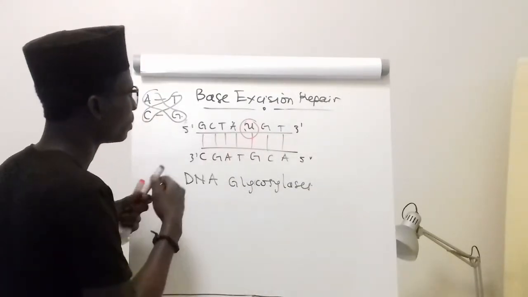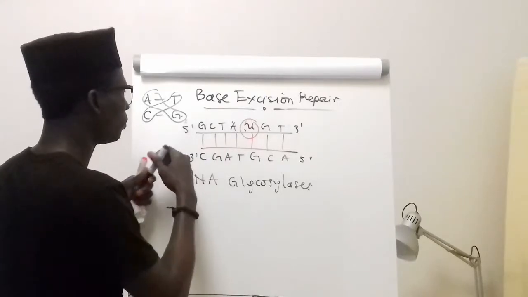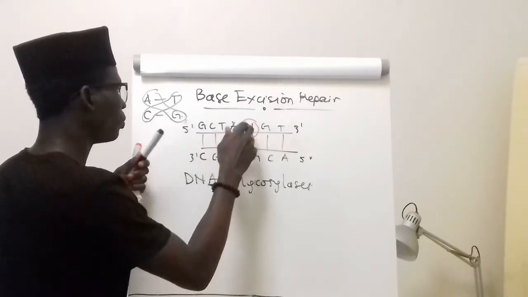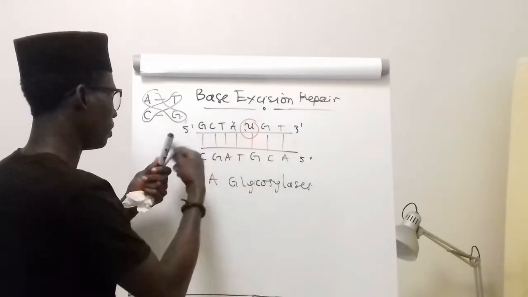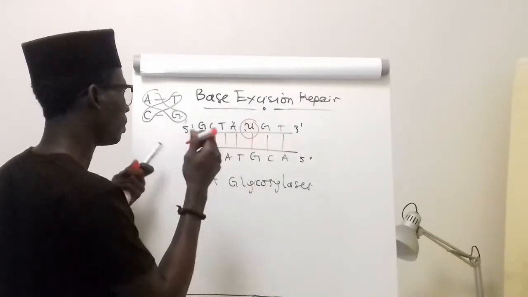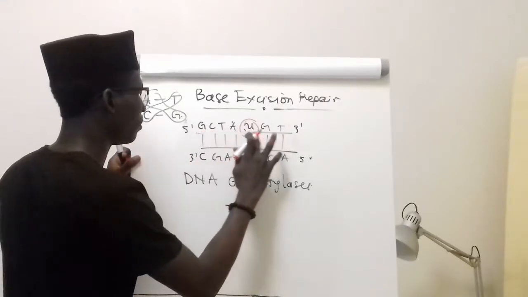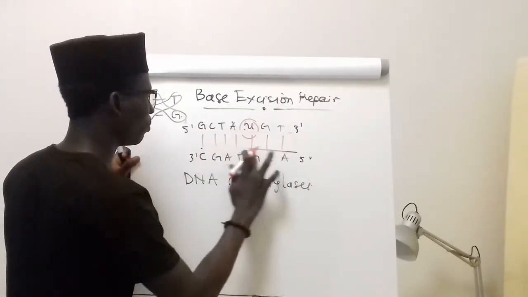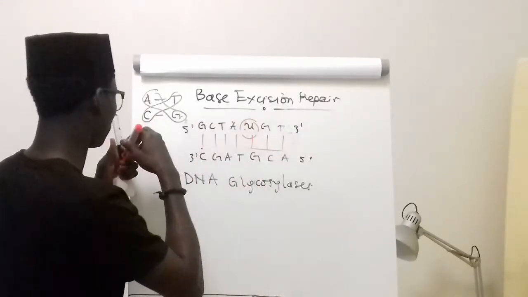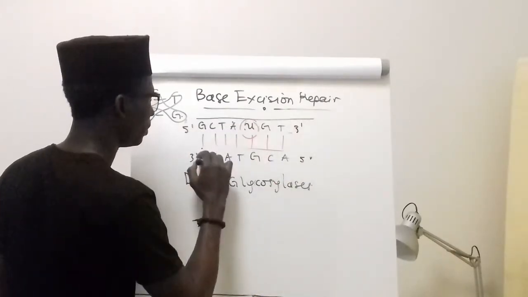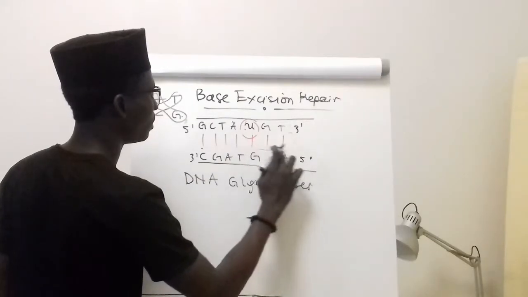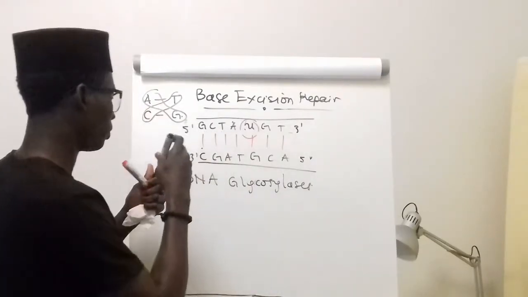We have these hydrogen bonds, and just for clarity, this is the sugar phosphate backbone here, and these are the bases here, forming the bonds together.